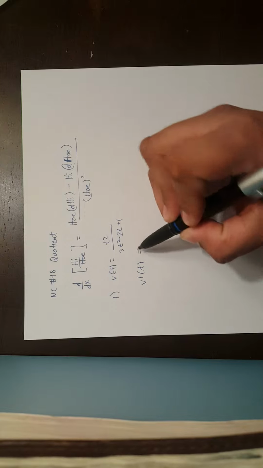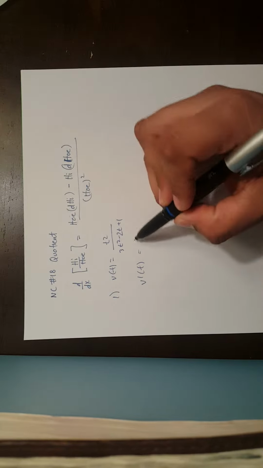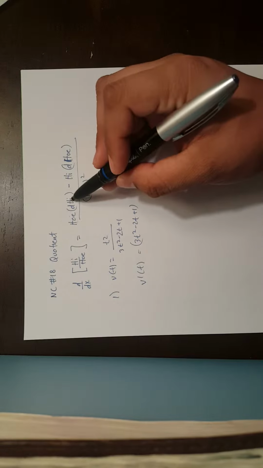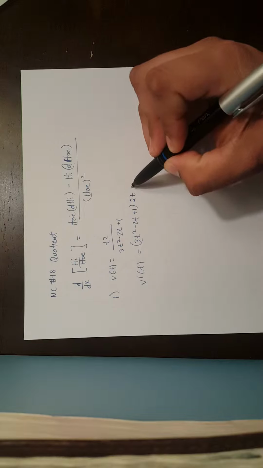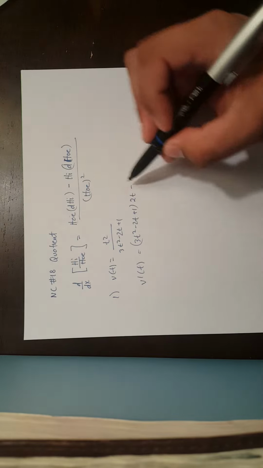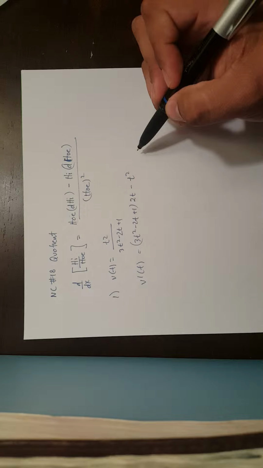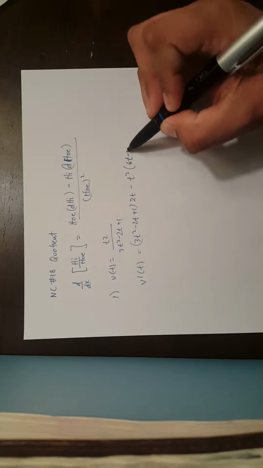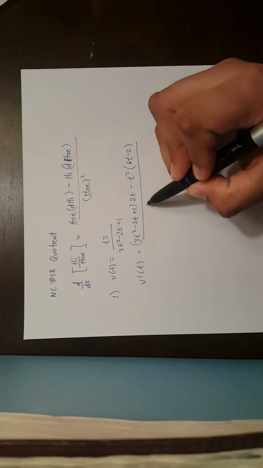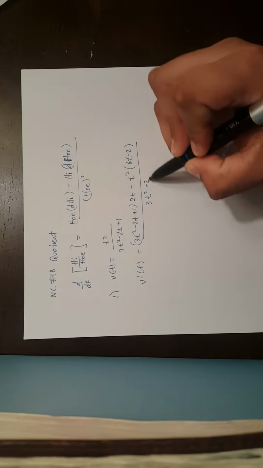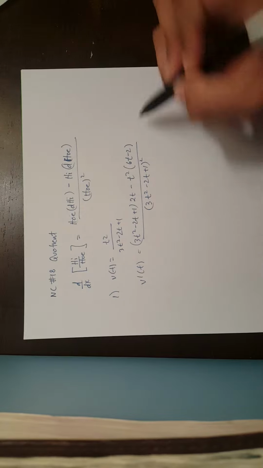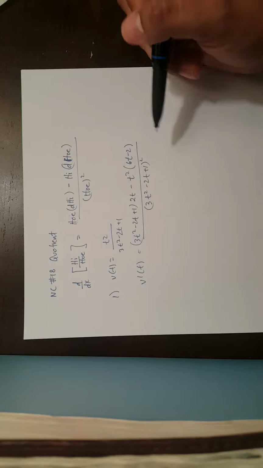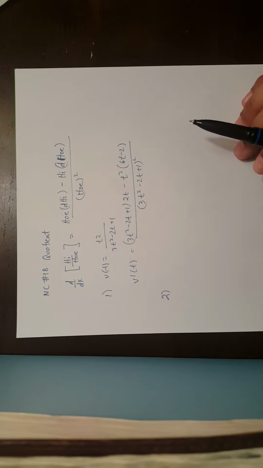Ho is the bottom, so 3t squared minus 2t plus 1, times the derivative of the top, which is 2t, minus hi, which is t squared, times the derivative of the bottom, which is 6t minus 2, over ho squared, which is 3t squared minus 2t plus 1 squared. Once again, we can distribute and simplify, but just for time's sake, I'm going to move on to the next question.